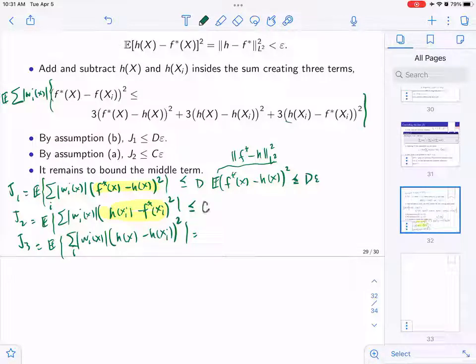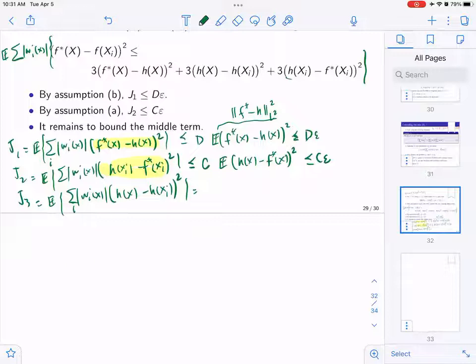This gives you C times the expectation of h of x minus f star x squared, which is less than C epsilon. The technical condition was, you have to accept, because if you want to go back, it's just going to take a lot of slides, but I mean, you can check that this is true. The condition was something like that. This reproduces.